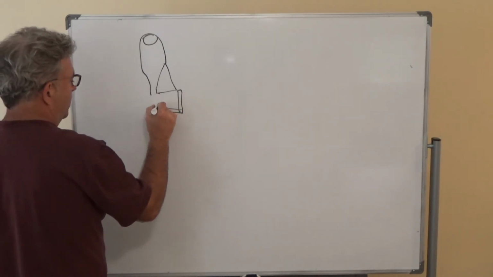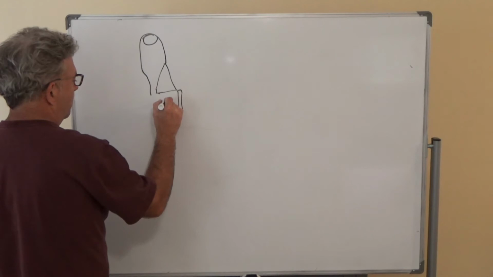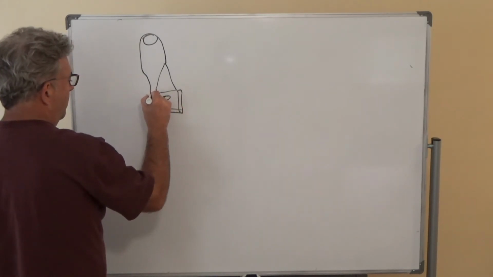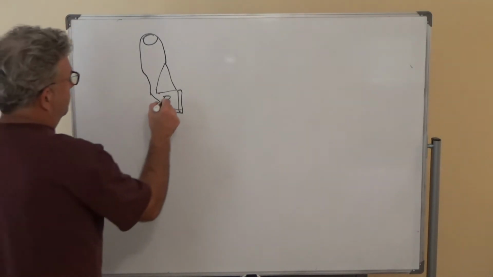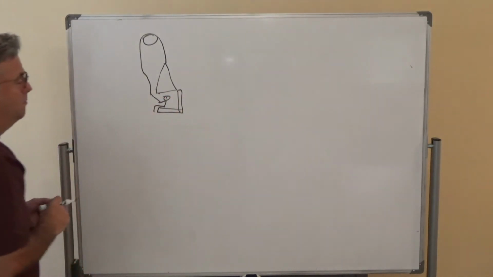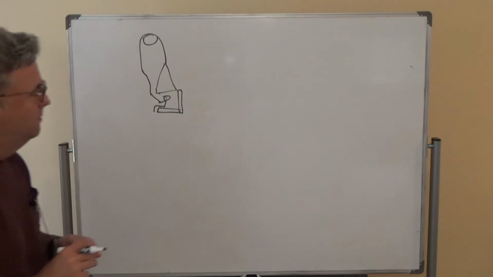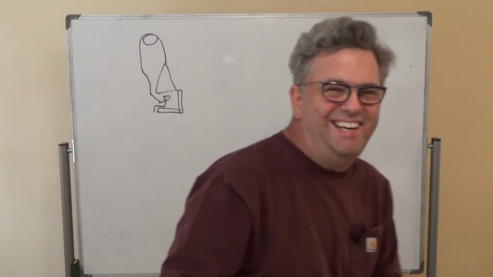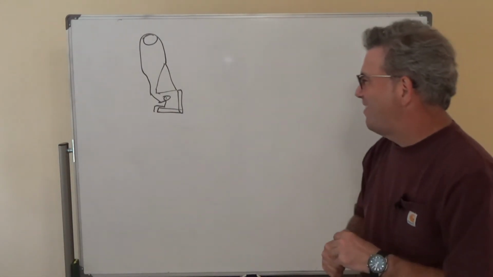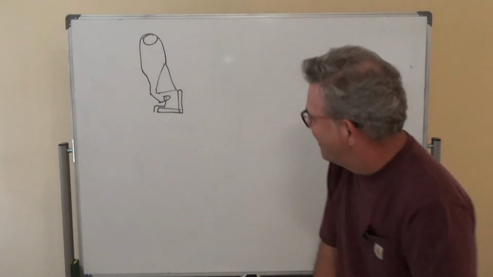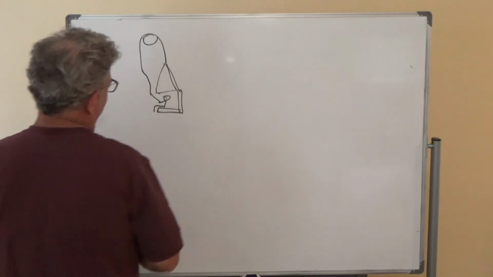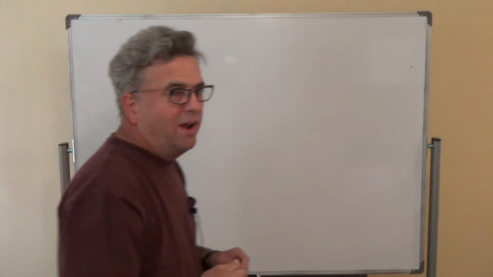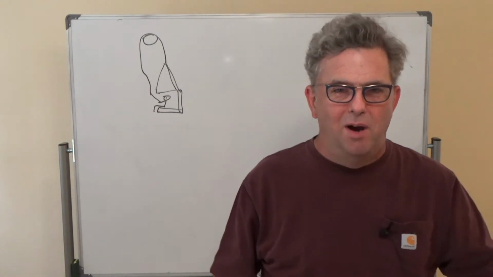There's a person sitting in the chair, and they're pulling up on the rope. Okay? That is terrible. It's like the worst drawing I've ever seen. Oh my God. It's horrible. That's even worse. Okay. Look at the picture in the book.